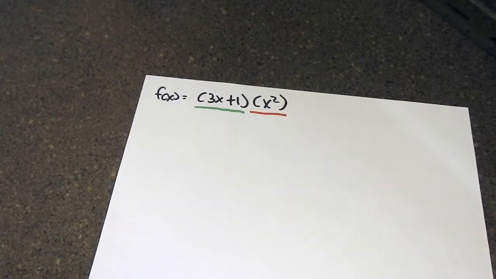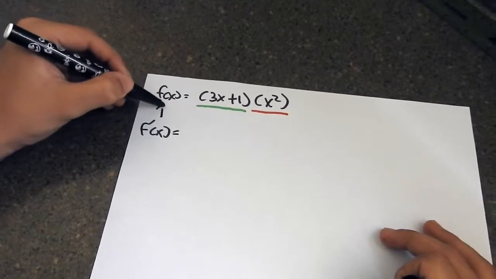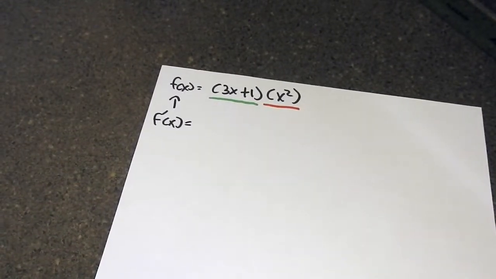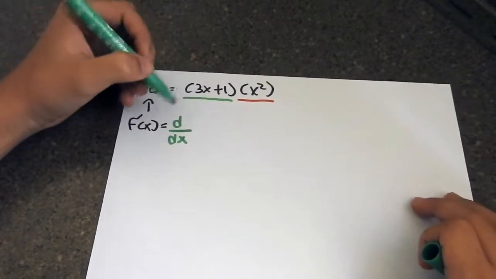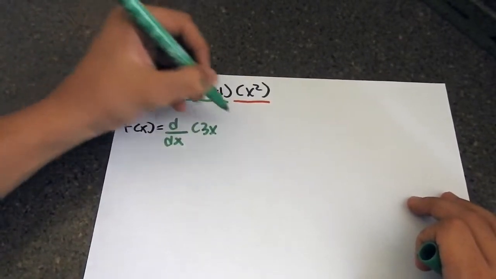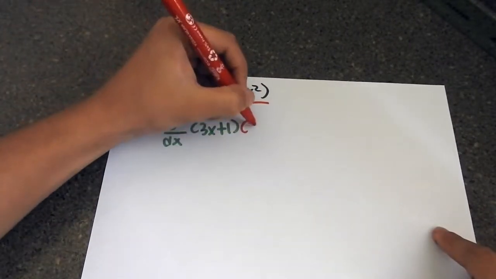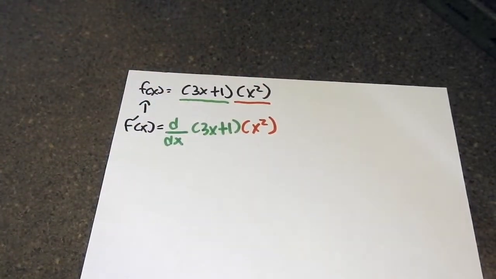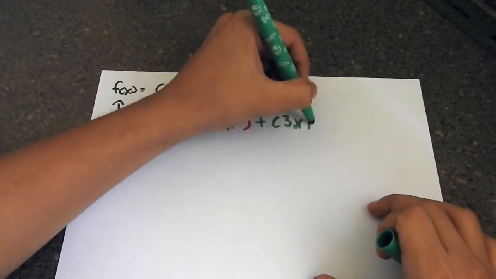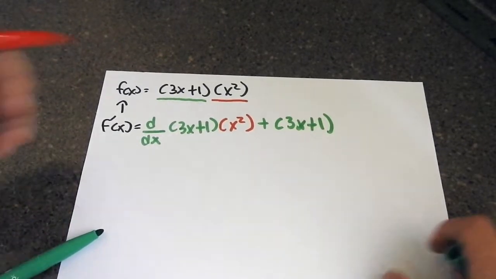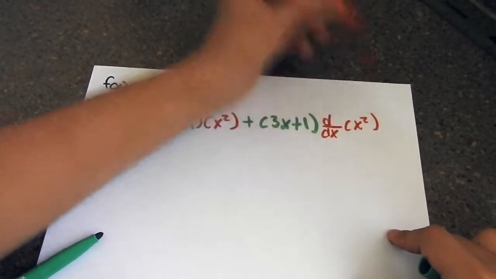So I told you that f prime of x, the derivative of the function, is going to be equal to the derivative d over dx, derivative operator, of the first factor, 3x plus 1, times the second factor, x squared, plus the first factor, 3x plus 1, times the derivative d over dx of the second factor.